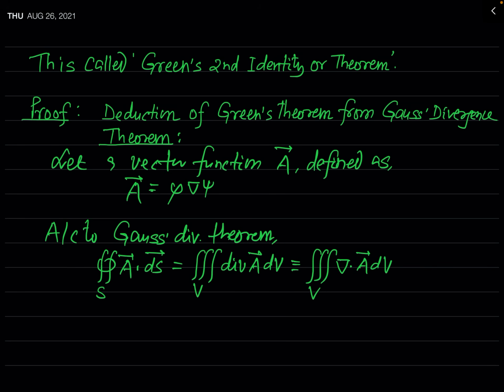You know it. This is the Gauss's divergence theorem. Now, we substitute A equal to phi del psi, which we assumed earlier, in this statement of Gauss's divergence theorem.